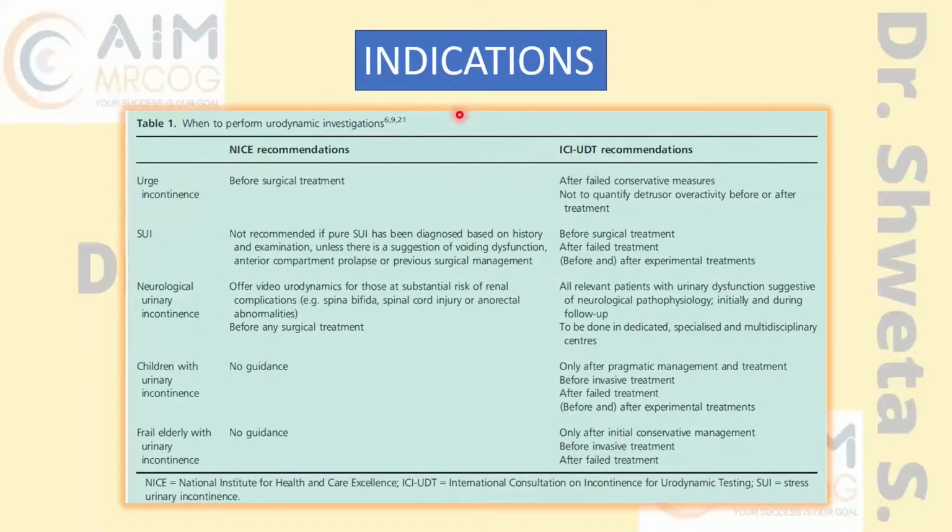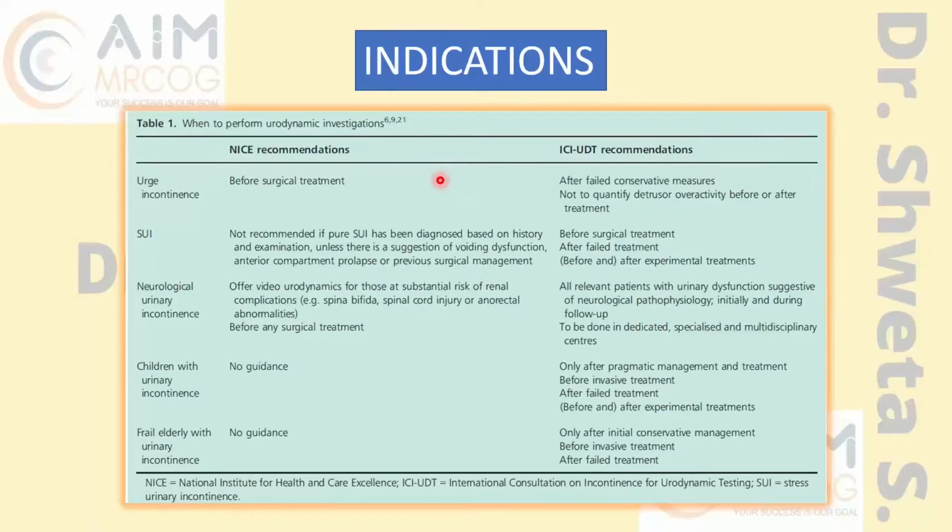Now, what are the indications? In exam, they ask you the question that she has undergone the stress urinary incontinence surgery. Now it has failed. So what will be your next step? This is a common and recent recall. If she has a failed surgery of stress urinary incontinence, what will be your next step?